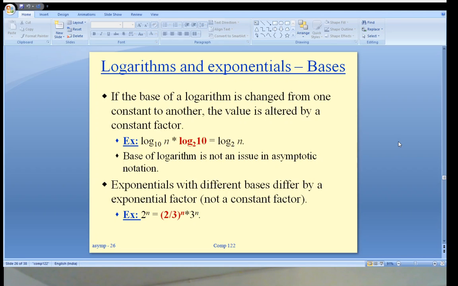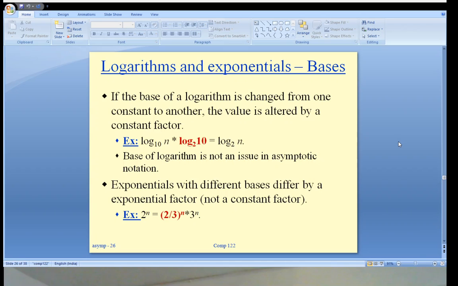If the base of the logarithm is changed from one constant to another constant, the value is altered by a constant factor. This is a simple thing. For example, log n base 10 into log 10 base 2, if we multiply these two, this would be equal to log n base 2. This is a very useful thing, and you should know that.